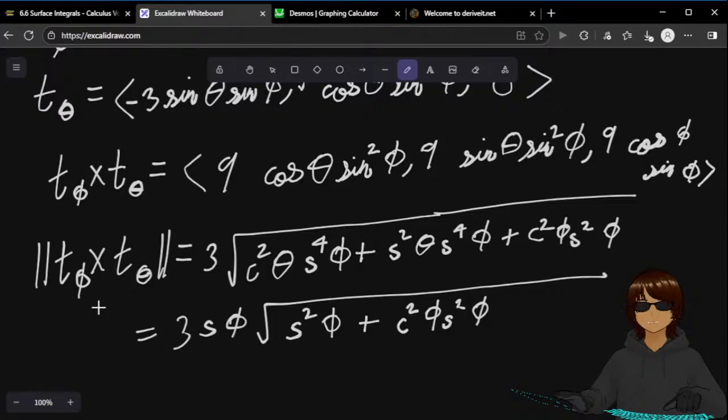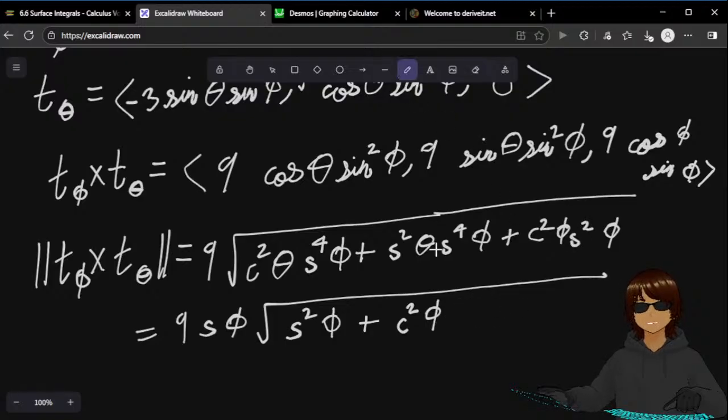But if we try to take this, okay, square of this plus square of this plus square of this, the 9 square goes out, it will remain 9. We can factor out 9 square and then it will become 9. We can factor out sine phi square from this side as well.